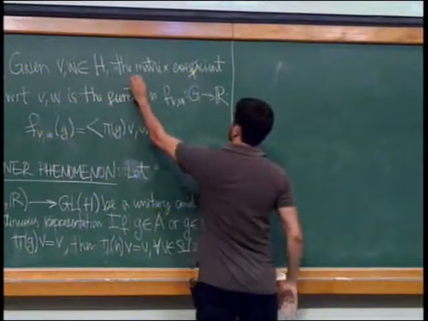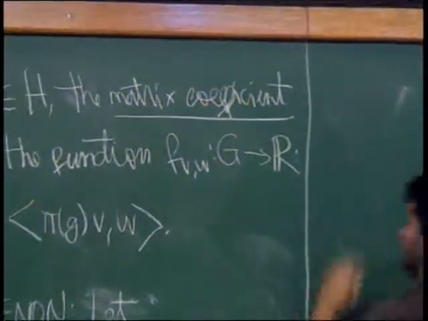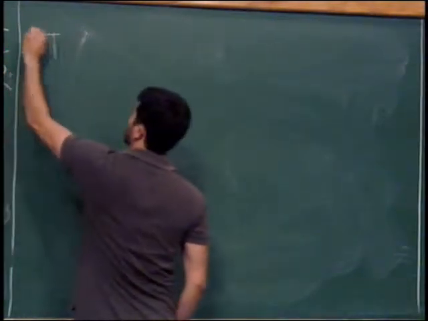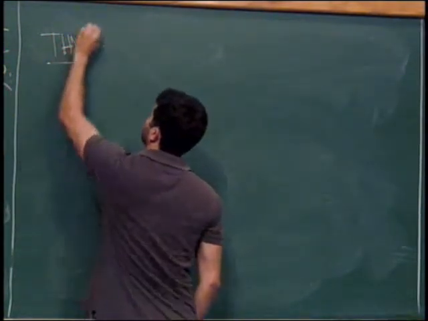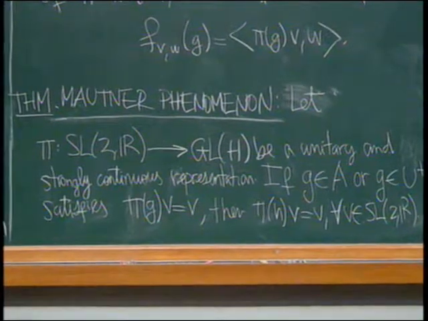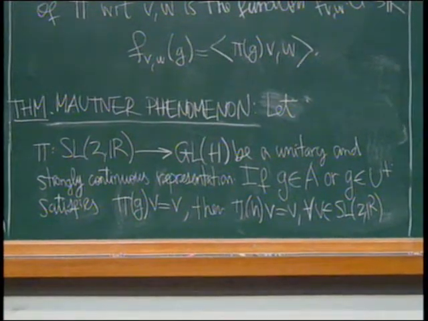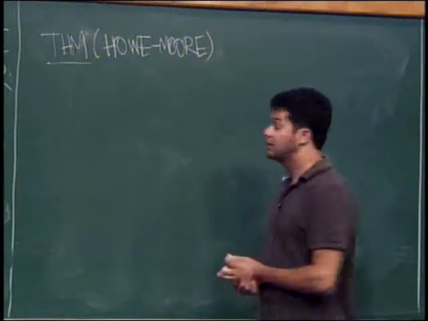No, I'm not. I'm going to tell about the statement of Howe-Moore right now, because otherwise you are going to forget what is a matrix coefficient. So let's call this theorem, and let's call also Howe-Moore theorem. Howe-Moore is something that I said allows you to go from ergodicity to mixing, right?